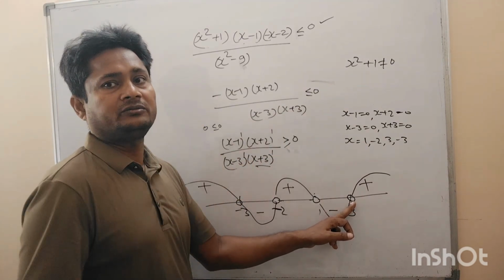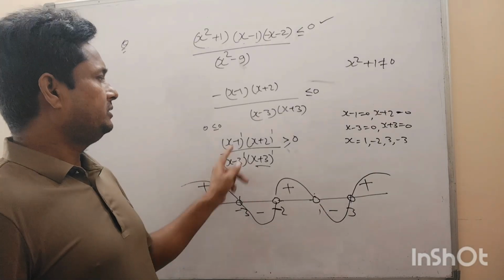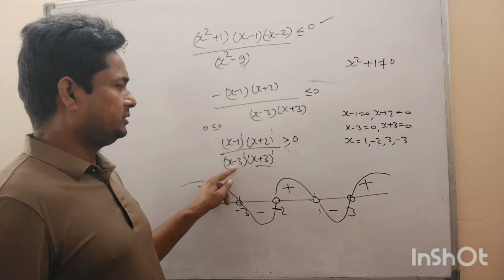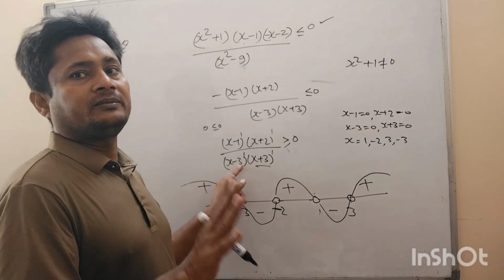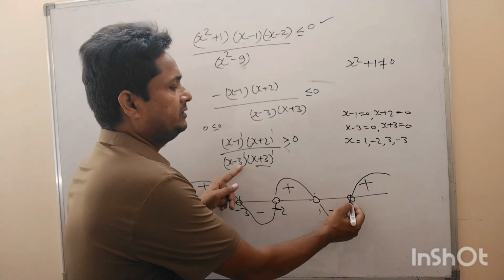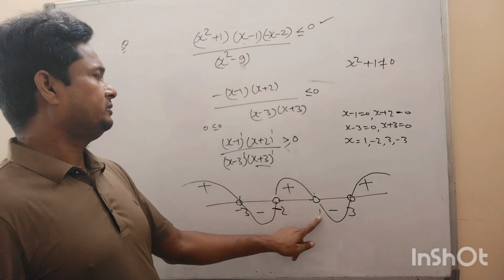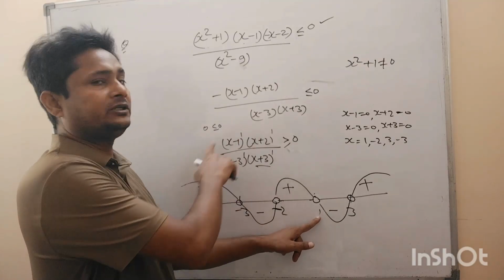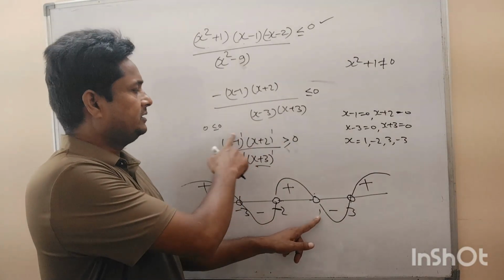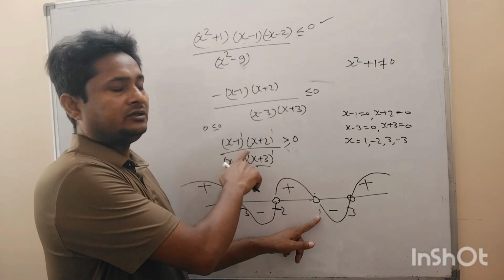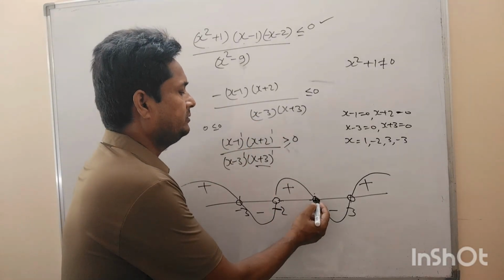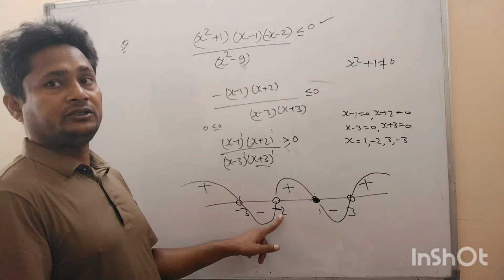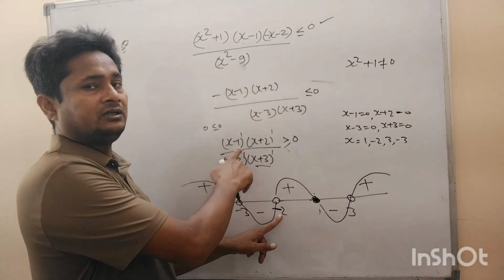A denominator cannot be 0, so it will be excluded. Now put x equal to 1 in the whole expression. The left hand side will be 0, and 0 greater than or equal to 0 is true, so it will be included. Now put x equal to minus 2 in the whole expression.